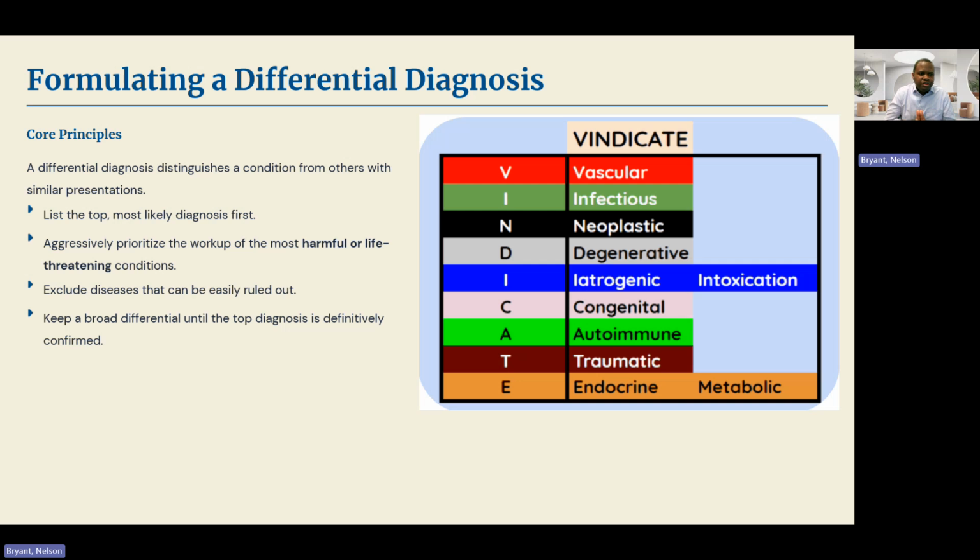So, what should be your most likely diagnosis? It's either life threatening or most harmful. That's what you prioritize. Using the mnemonic, which I presented here, VINDICATE, is very important to help you prioritize your diagnosis.